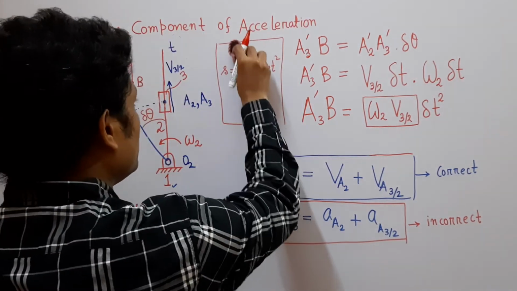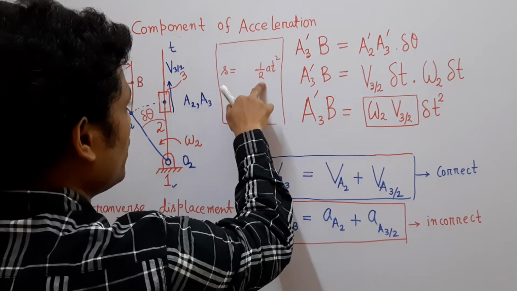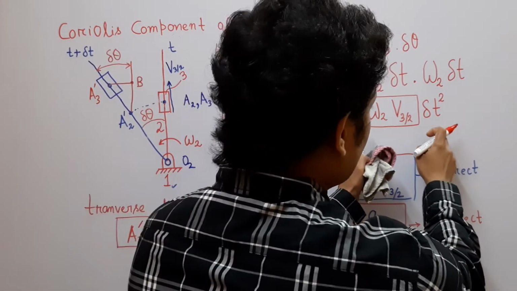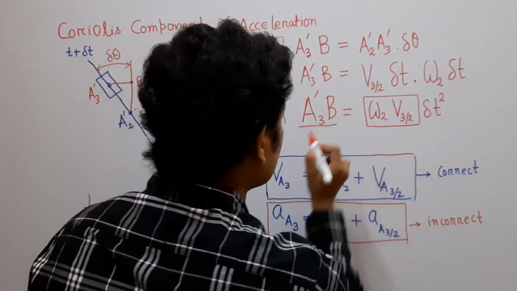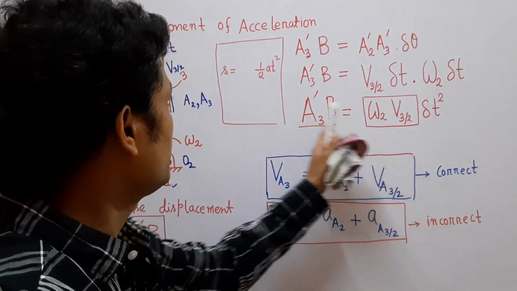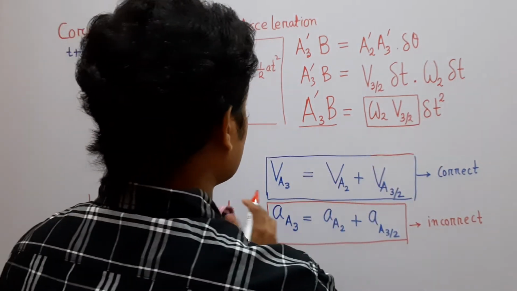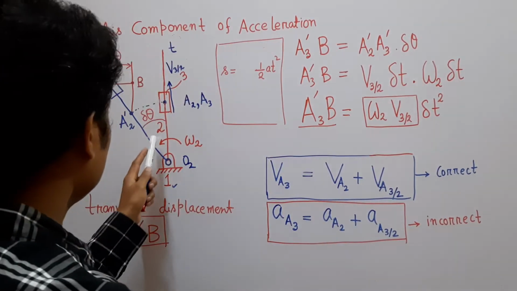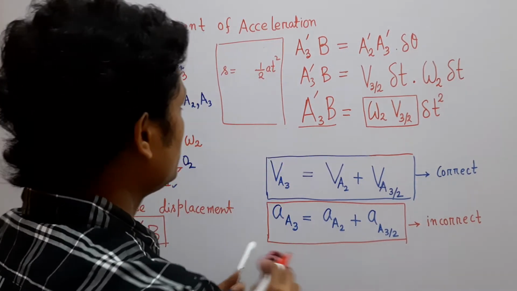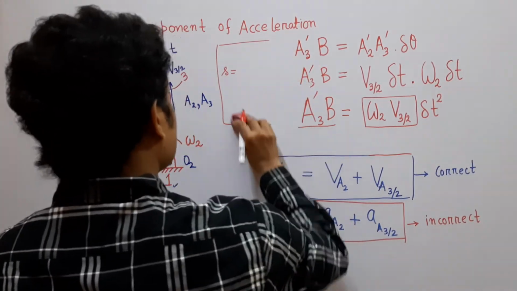Say here the initial velocity is 0, so displacement equals half into acceleration into t square. So this displacement is due to an acceleration. What is the magnitude of the acceleration? Half of a is equal to this. So the acceleration which has been missed by the observer sitting on link 2 should be such that half of the acceleration is this.